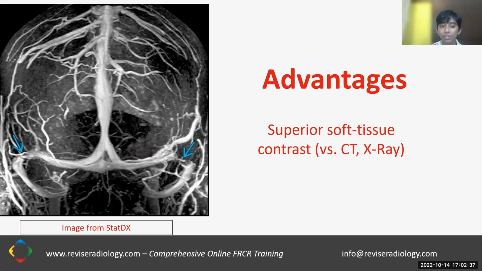So it's a completely different type of parameter on which to base things, and we'll go into this in detail during the course of the lecture. And with the parameters in MRI, we are able to see soft tissue with better contrast than in CT and X-ray.